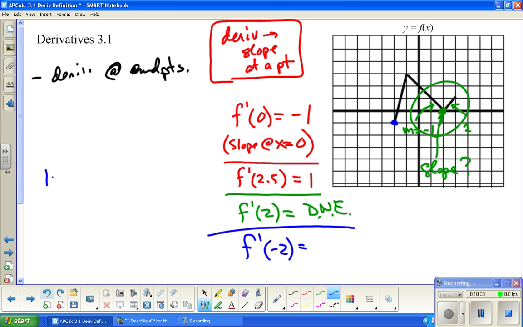Well, I know that the limit as h approaches 0 from the right for this thing, I'm talking about the right-hand slope, the right-hand derivative, looks like it's rising 4 over 1, so that'd be 4. I'm not even doing the whole definition, but you understand that slope is derivative. Derivative is slope.